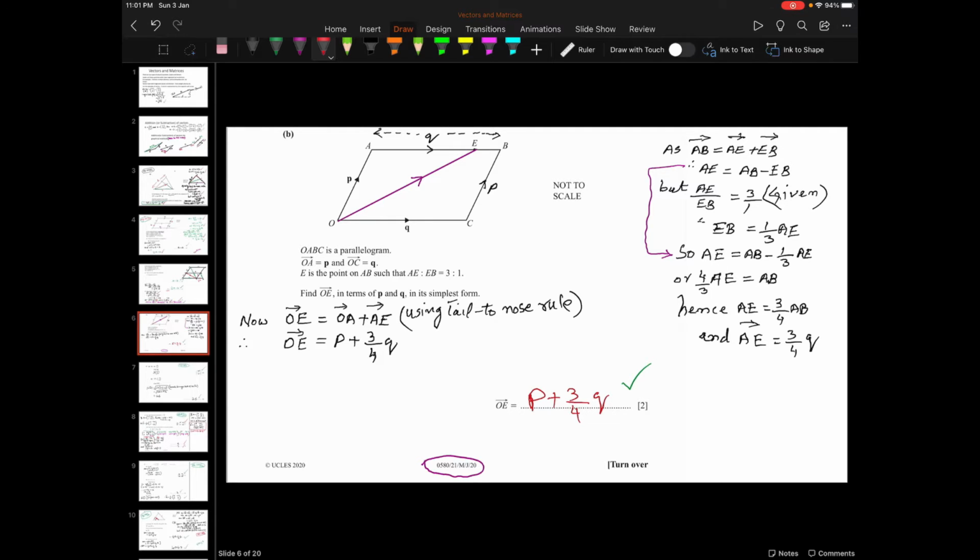Now how can we find OE? We can write AB is equal to AE plus EB. Therefore, AE is equal to AB minus EB. But AE upon EB is equal to 3 upon 1.